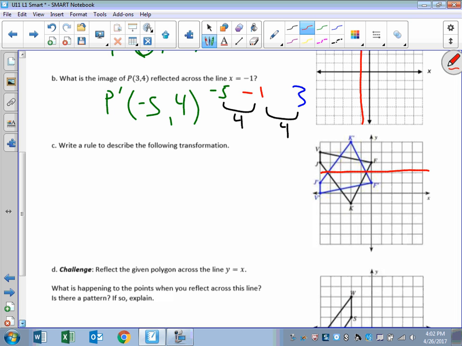F is 1 up from that, F prime is 1 down from that. Okay? So your rule would just be reflect across whatever the equation of that line is. This one is horizontal, so you know it's going to be y =, and it's up 2, so it's going to be reflected across y = 2.